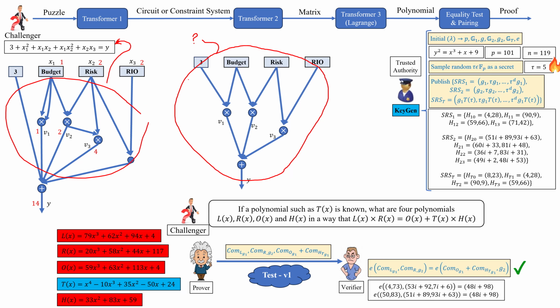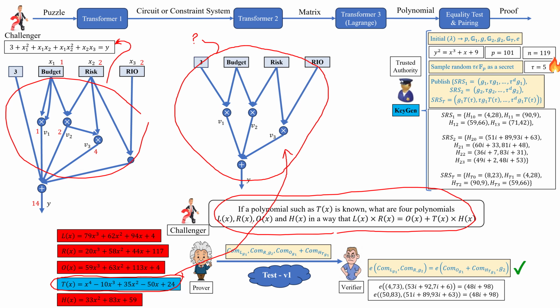So if we do the same steps related to this circuit, then what happened? We will reach again to this step, right? So we'll finally say, what are the four polynomials that satisfy this equation when the public polynomial T of x is the same for this circuit, right?